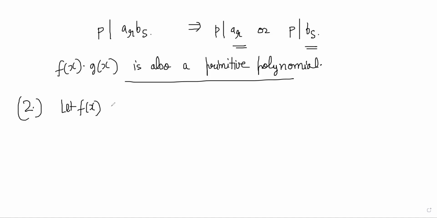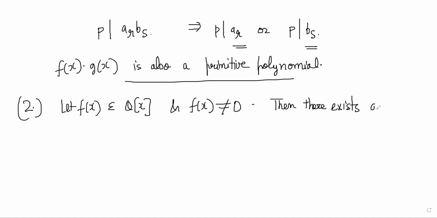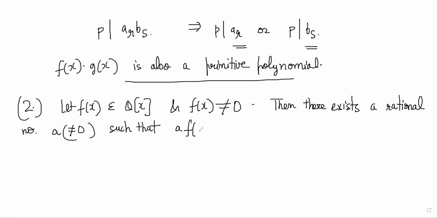Let f(x) belong to Q[x] and f(x) is not equal to 0, then there exists a rational number a not equal to 0 such that a times f(x) is a primitive polynomial in Z[x].